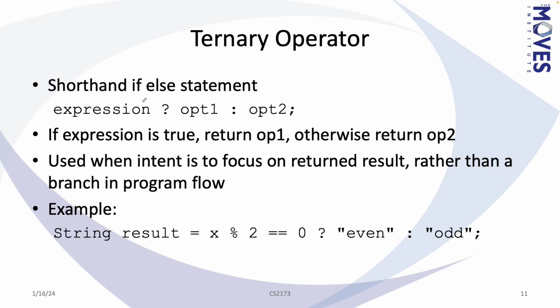Okay, so here, this is the ternary operator. Ternary means 3, and this has 3 things. Have you seen this before? Okay, so you have a Boolean expression, then the question mark, option 1 or option 2. If the expression comes out true, then you do this, otherwise you do that.